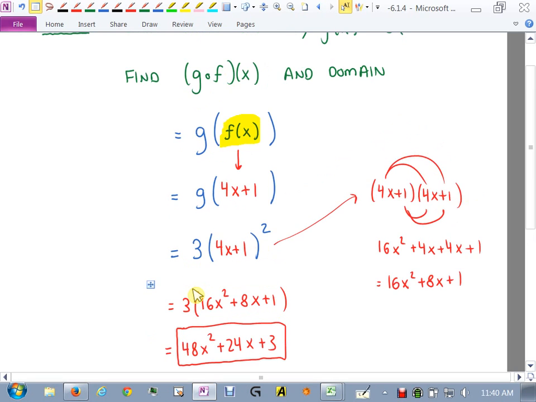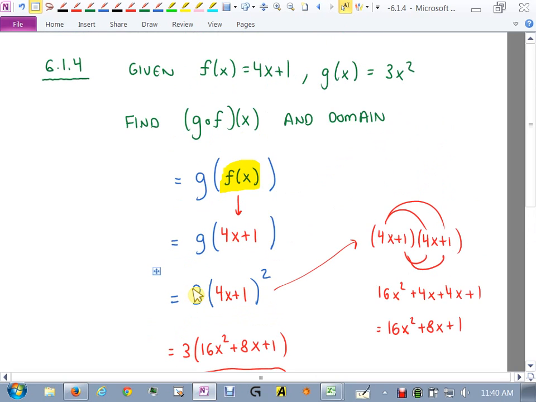Domain. Let's talk domain. So I think I'll draw my little picture on the side here. X went into what first here? Which function, f or g? Look at, here's x, right? What did x go into first? F, right?